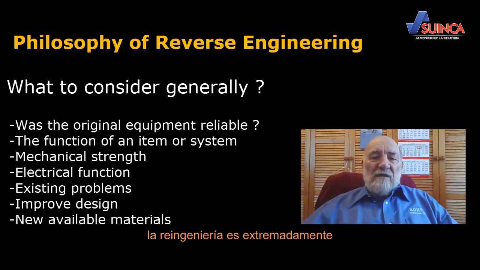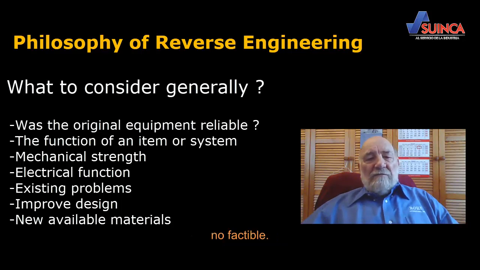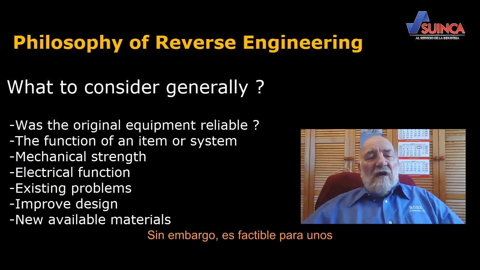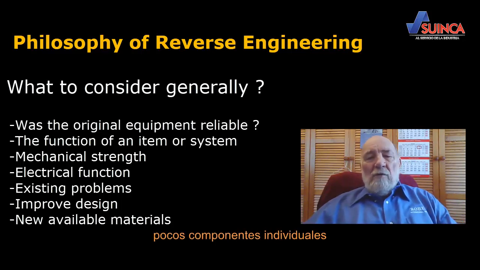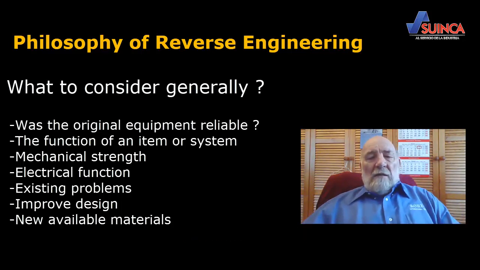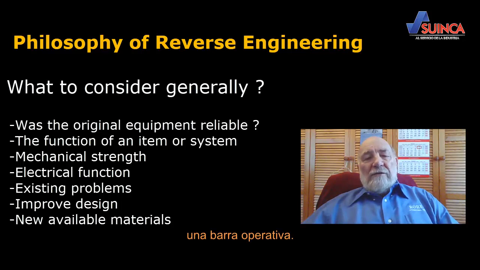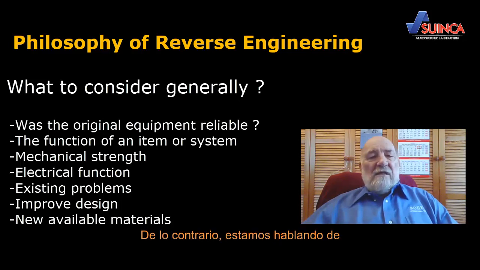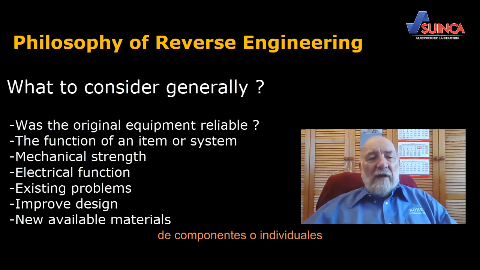Re-engineering is extremely expensive and is usually not feasible. However, it is feasible for a few individual components of a circuit breaker, like a valve or a contact or an operating rod. Otherwise, we're talking about reverse engineering of components or individual items.